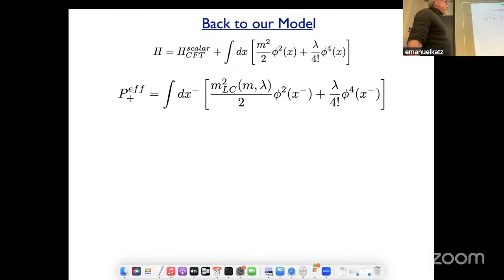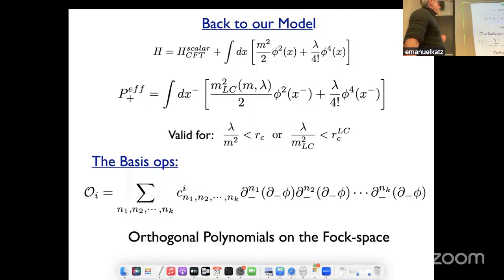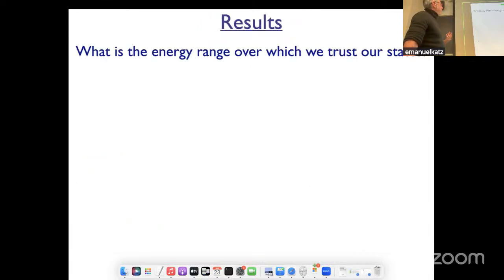So we're doing this in phi to the 4th in 1+1 dimensions. We are using, again, our basis of states which are created by essentially these kinds of operators. These are the chiral degrees of freedom, which we're again parametrizing in a CFT way. You can think of these as polynomials on the Fock space, but some very particular ones.